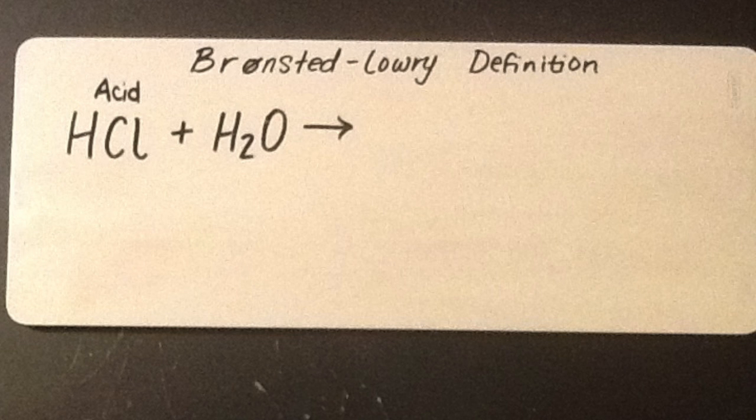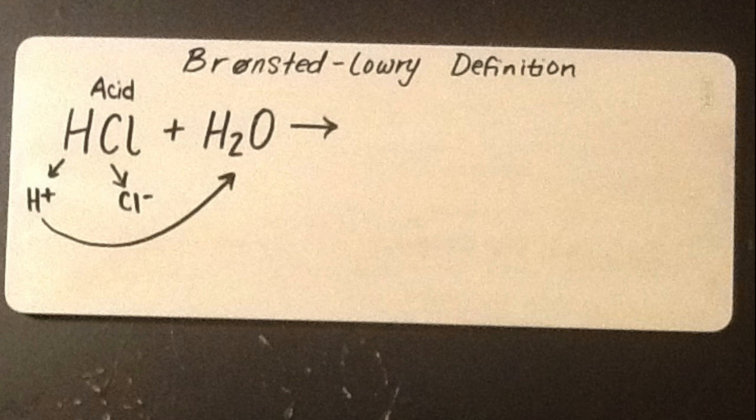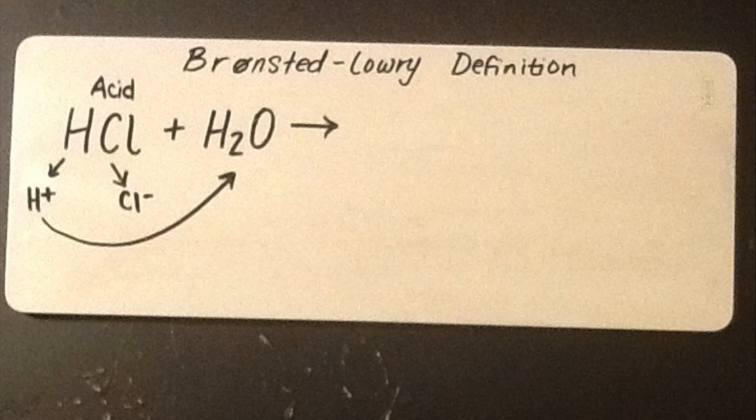If we add it to water, which normally it is, we can see that it's going to split up into its ions, H+ and Cl-. And we know from what we talked about on Friday that H+ almost always immediately bonds with water, or is donated to water, and ends up joining it to make a polyatomic ion.